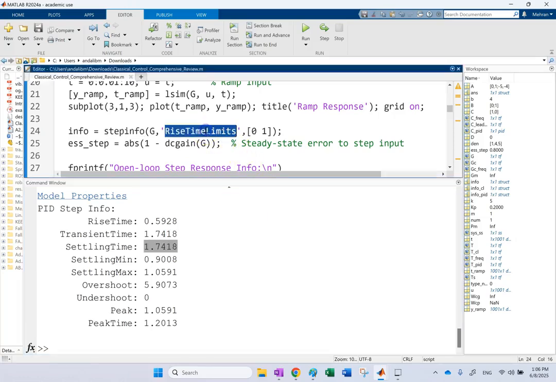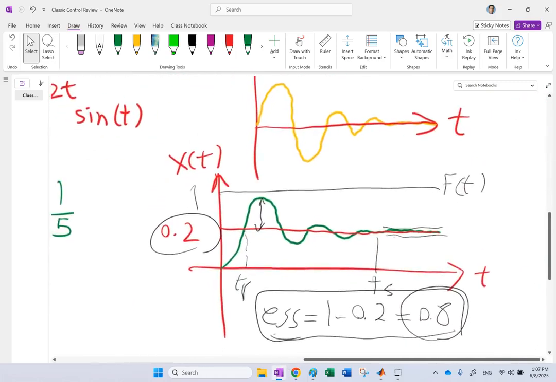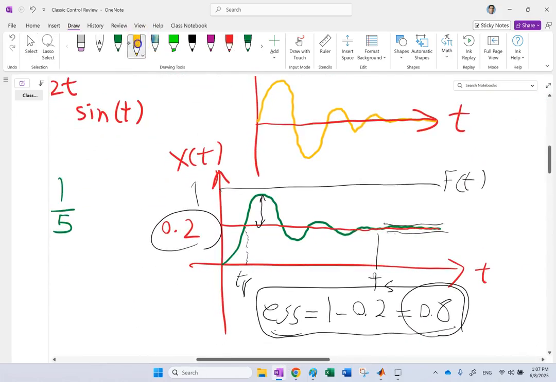Also, pay attention when you give a rise time command in MATLAB, you have to tell it what limits, because although we define rise time in most of the textbooks as the time it takes the system to go from 0% to 100%, that is called the rise time.